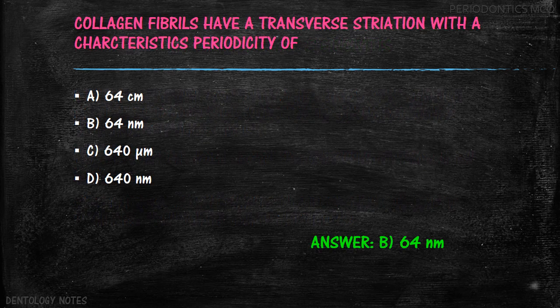Collagen fibrils have a transverse striation with a characteristic periodicity of: A. 64 cm, B. 64 nm, C. 640 m, D. 640 nm. Answer: B. 64 nm.